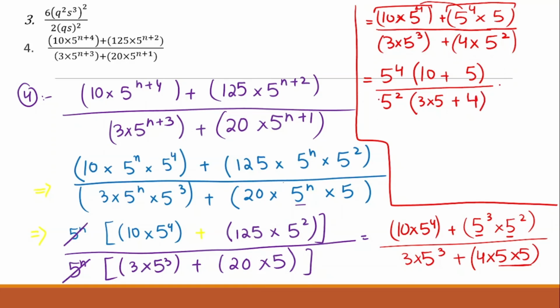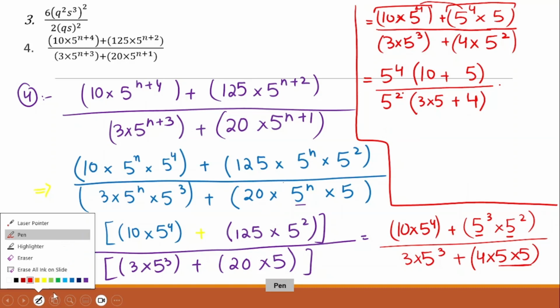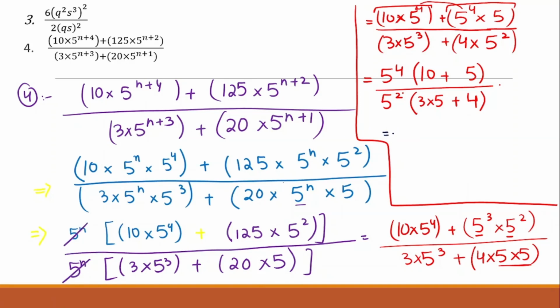So this 5 to the power square, we can write 5 to the power 4 minus 2 because the bases are same, so we can subtract the exponents 4 and 2, 4 minus 2, which is 2, so I can just write 2.